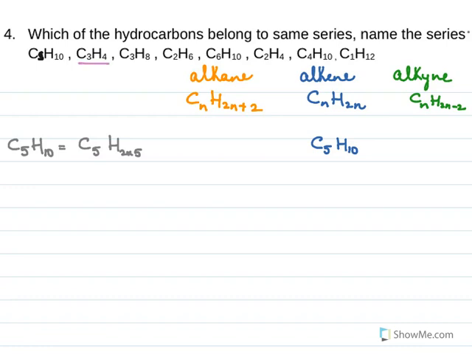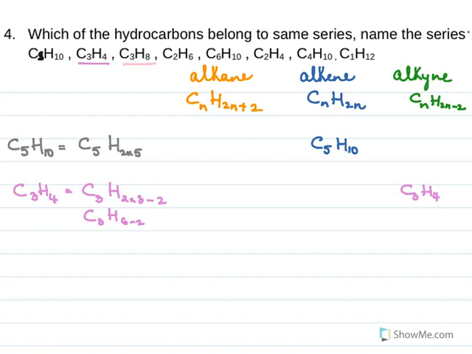Here we have C3H4. C3, H is 2 into 3, which is 6, minus 2. So the general formula for this is C3H6 minus 2, right? And that would belong to alkyne. So C3H4 has the general formula CnH2n minus 2.